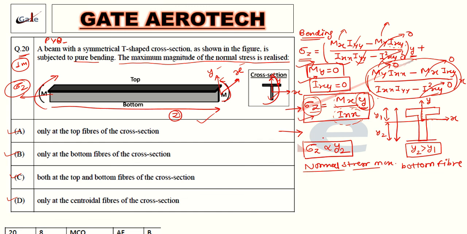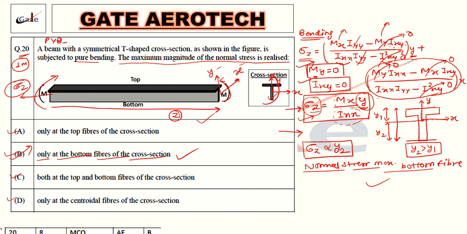So according to this, normal stress at the bottom fiber will be maximum. So yes, option B is correct. Only at the bottom fiber of the cross section. I hope you understand why option B is correct.